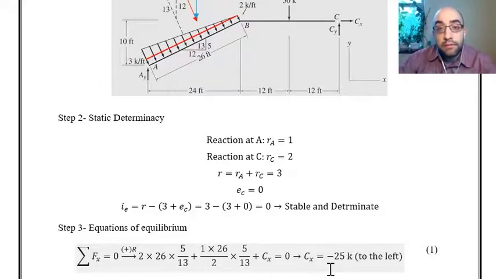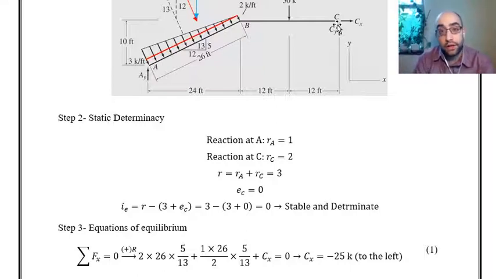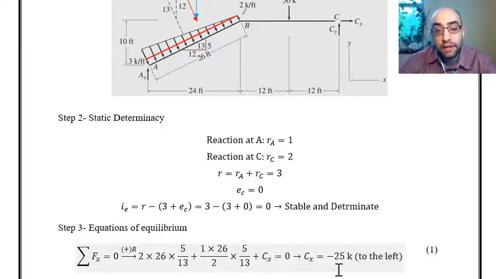I'm getting a negative value as the solution for Cx, which means that the actual direction of Cx is opposite to what I assumed for point C. At first I assumed Cx in the right direction, and when I calculated the value, I got a negative, which means my assumption is wrong and it is in the other direction.